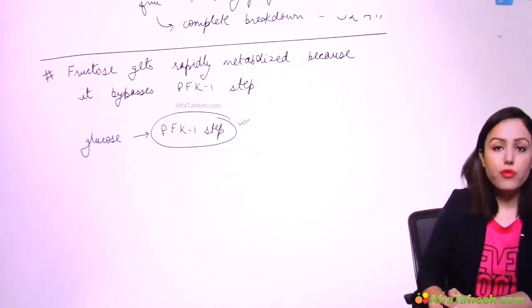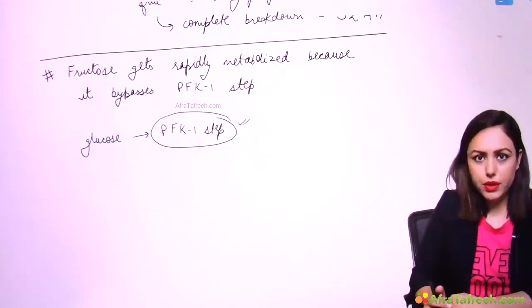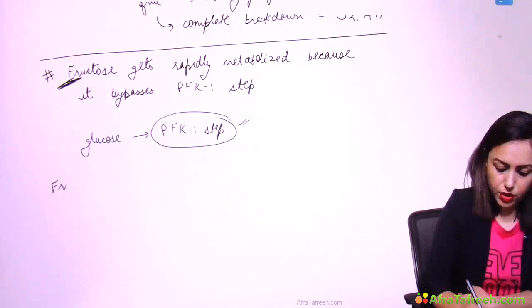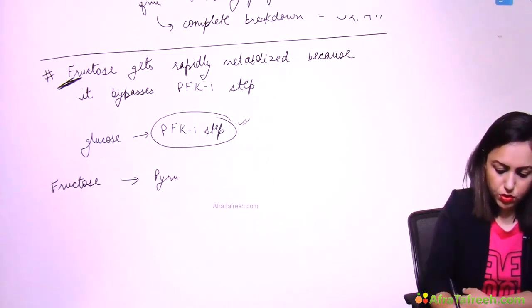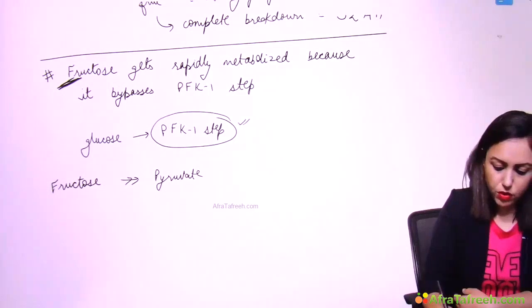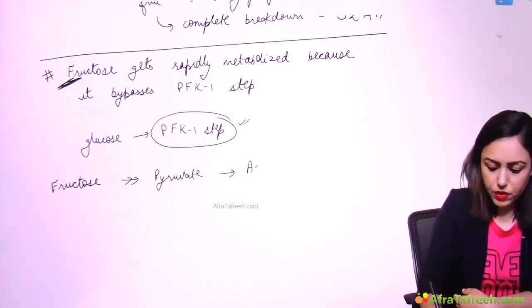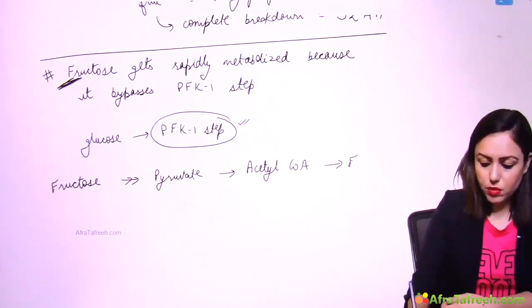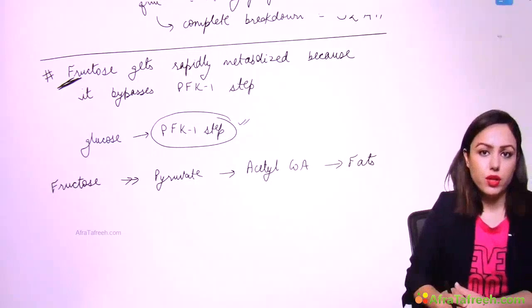But in case of fructose, there is no rate limiting step. So very quickly, fructose will be converted to pyruvate via glycolysis, and then the link reaction will make acetyl-CoA. And acetyl-CoA makes fats in the body.